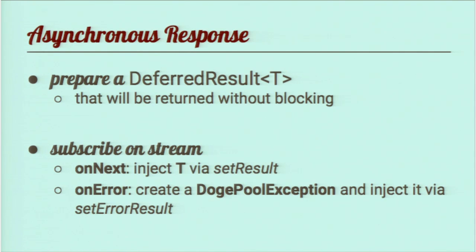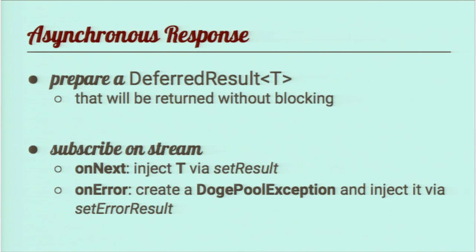In Spring, there is something that allows you to do asynchronous responses by returning a DeferredResult of T instead of returning T. When you use a DeferredResult as a return type, you are telling Spring that your REST service is asynchronous.